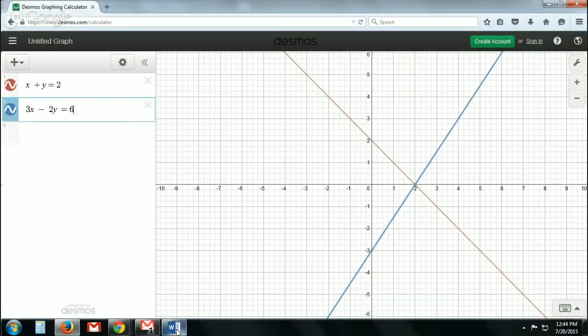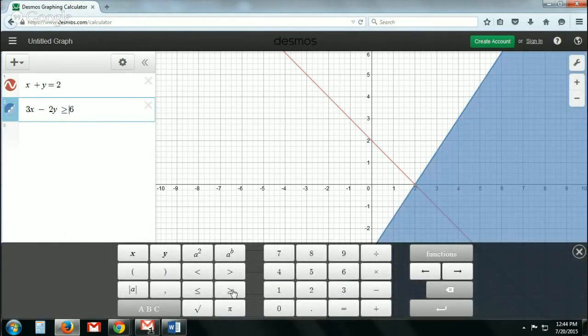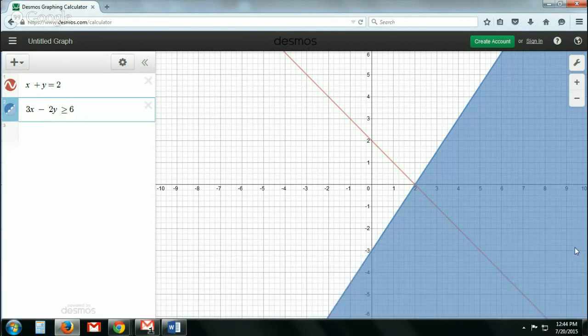So we're going to want to shade away from (0, 0); it's this side of the blue line that will get shaded. Let's change this from an equation to being greater than or equals, and you can see that we have shaded away from (0, 0) for the second inequality.